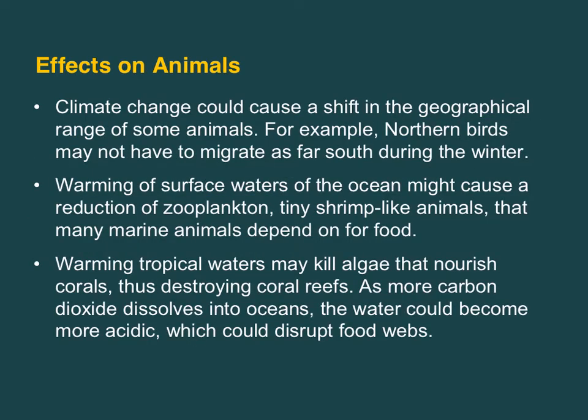Of course, if something affects plants, it will also affect animals, as if you follow the food webs, they all usually start with a plant. So we might see a change in the migratory patterns of northern birds. They're not flying as far south, which just means they might be impacting little local ecosystems here and there.